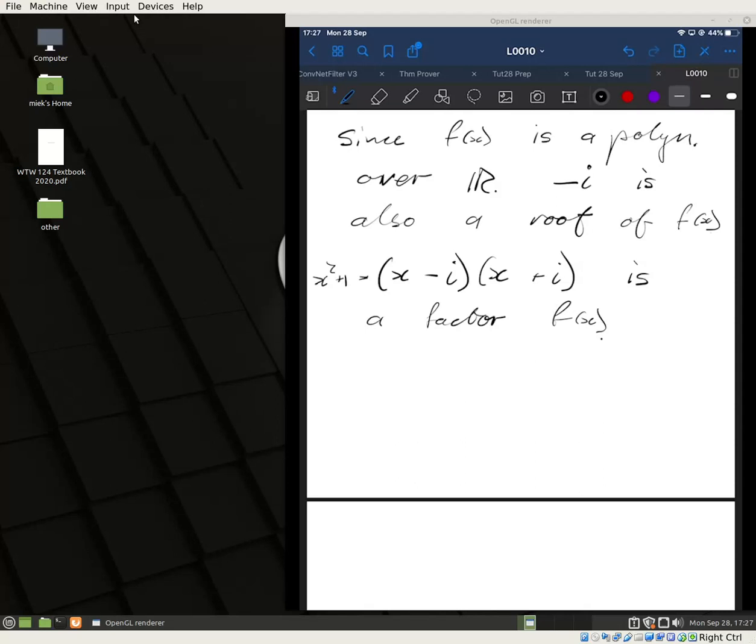Okay, so now we can perform long division, dividing out x squared plus 1 to get the remaining factor of f(x). So you perform long division of f(x) divided by x squared plus 1.